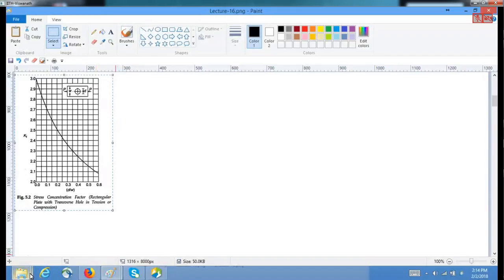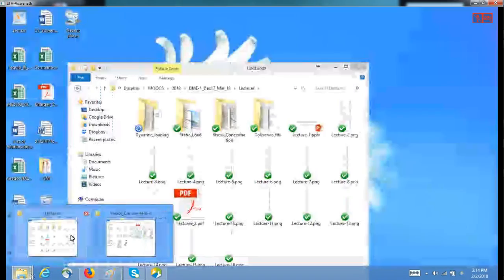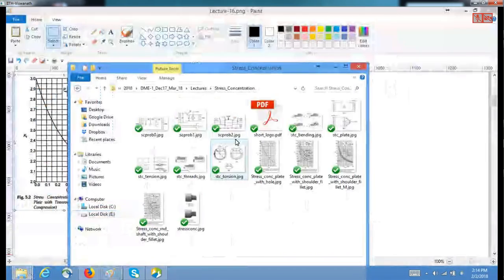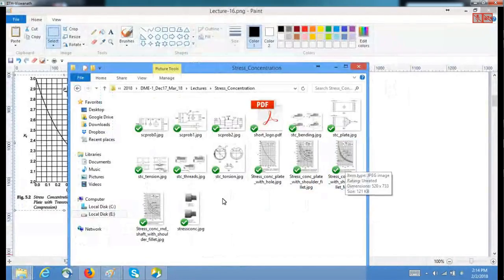The second case is a flat plate with a tensile load having a shoulder.